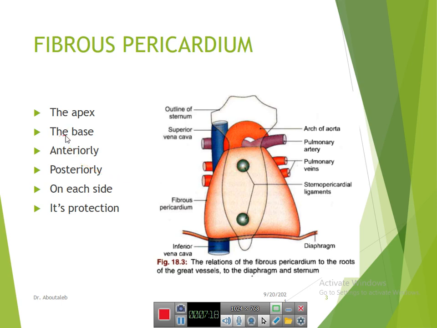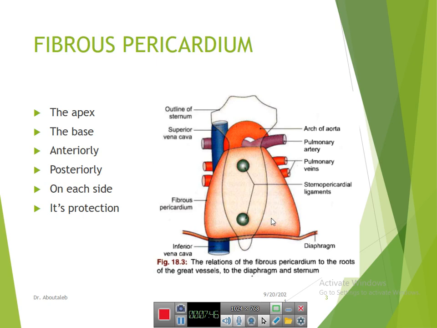Number 2 is the base. The base of fibrous pericardium is broad and inseparably blends with the central tendon of diaphragm. Here is the base of the fibrous pericardium that lies at the superior part of the diaphragm.